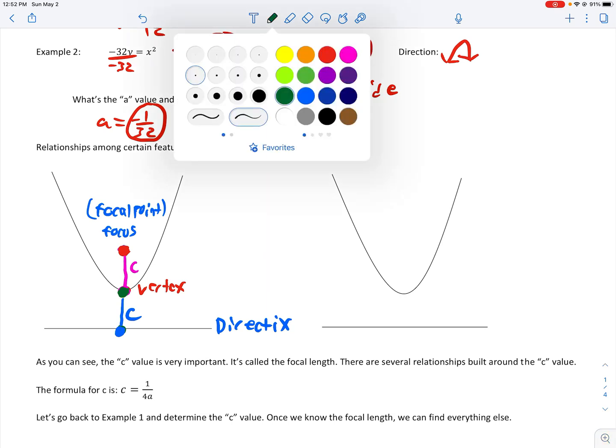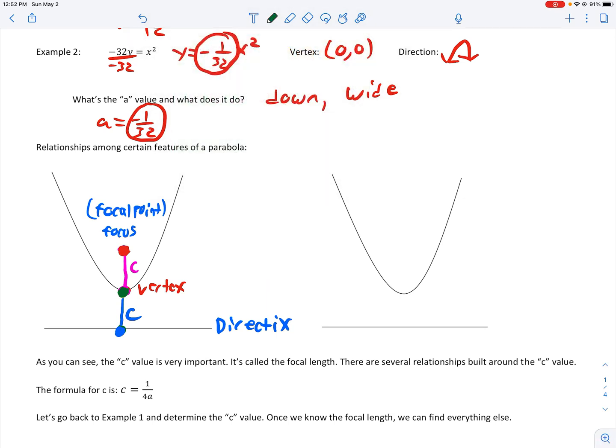What's kind of interesting is that from the focus to any point on this curve, say this point here and this point here, this distance is going to be 2c.